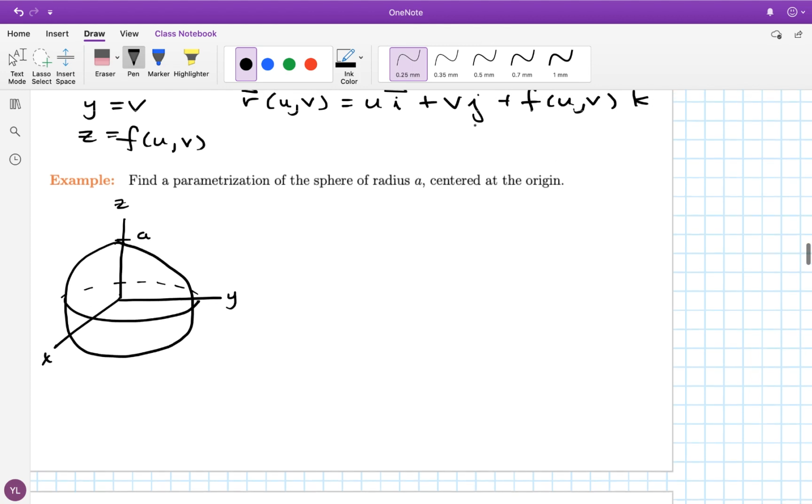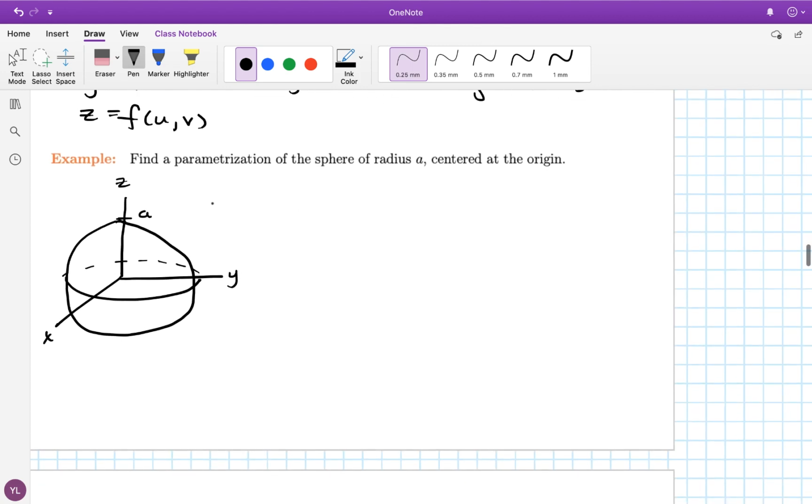So I don't have this parameterization as an option. We know from different coordinate systems that we've studied that rho equals a is the simplest description of the sphere that we have so far. And I'm actually going to use spherical coordinates as an inspiration for when I build the parameterization.